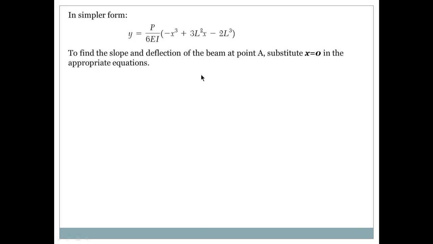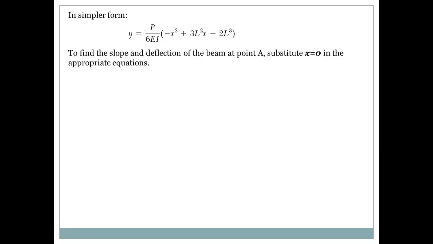To find the slope and deflection of the beam at point A, we substitute x equals 0 in the appropriate equations. Why x equals 0? Because remember, point A is at the left of the beam, at the free end, and we started our x and y axis, the origin was at this free end.